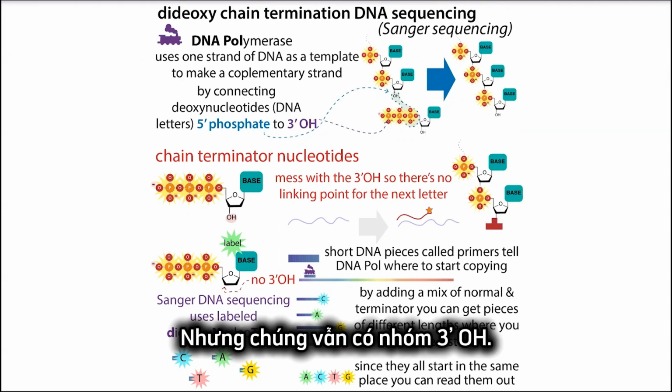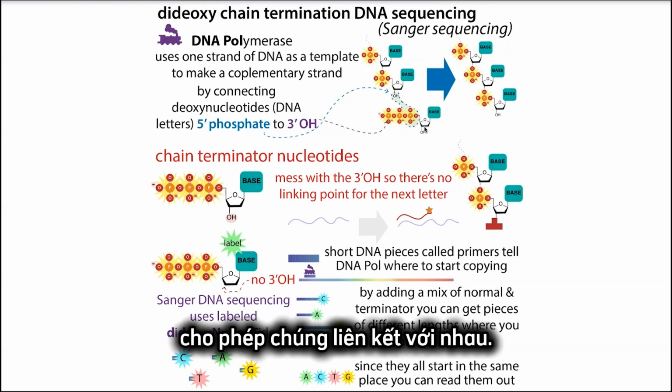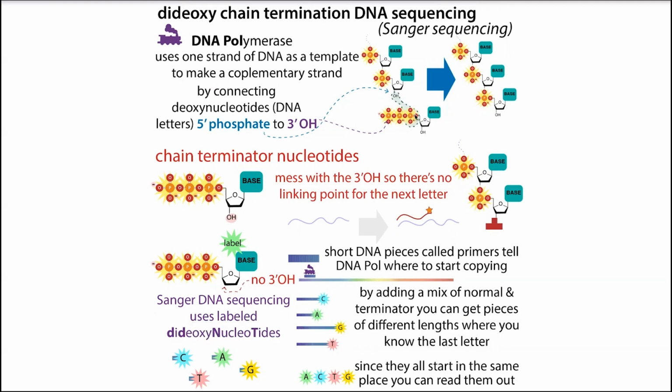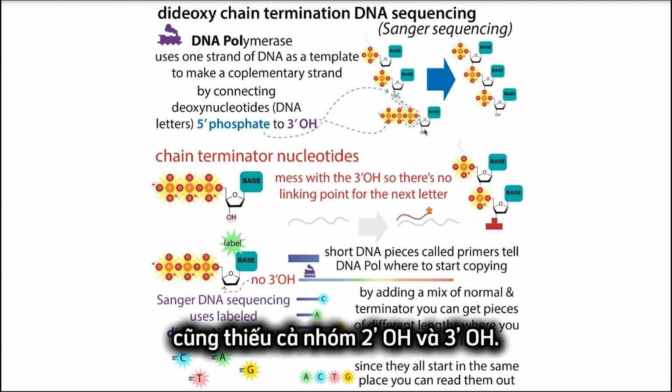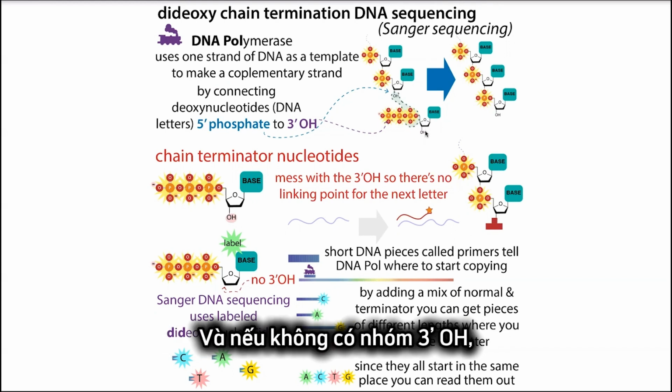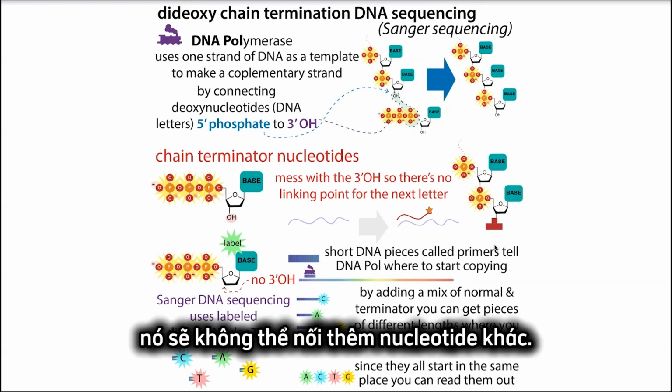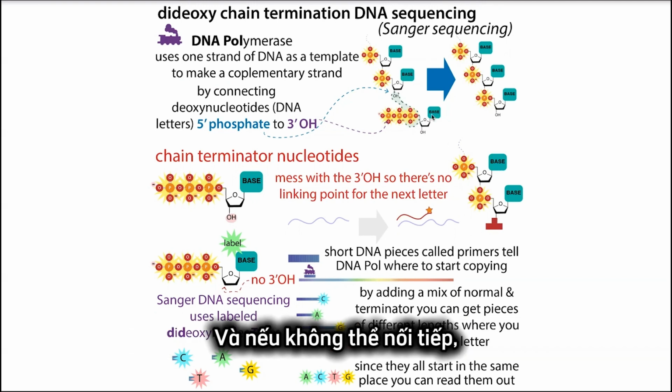But they still have a 3' OH, and this 3' OH is going to allow them to link together. Now, a dideoxynucleotide is also missing this 3' OH. And if it doesn't have that 3' OH, then it can't link up to other DNA letters. And if it can't link up to other letters, now you're going to terminate a chain.